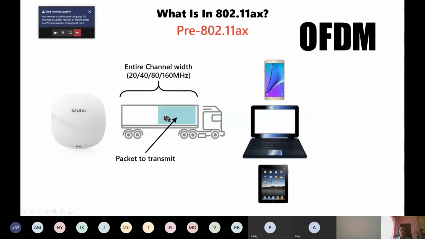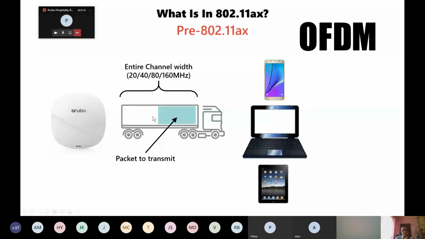Imagine that channel width is like a big container truck. If you're using 160, it's a big container. If you're using 80, it's a smaller container. 40 is even smaller, and 20 gets smaller. But whatever it is, that container carries one packet.